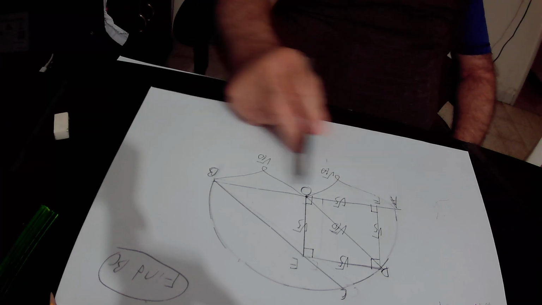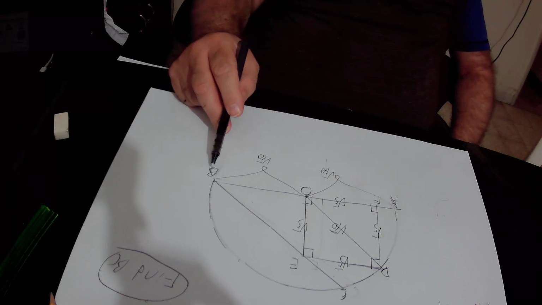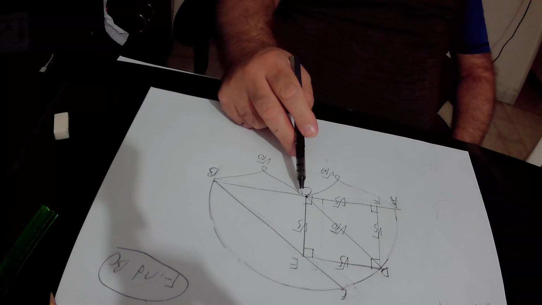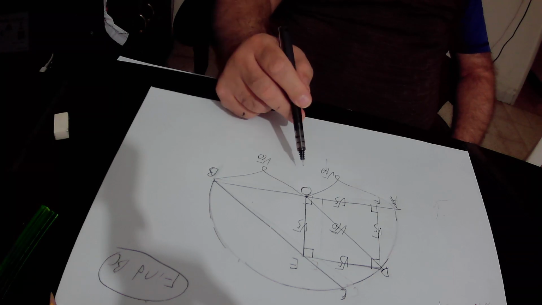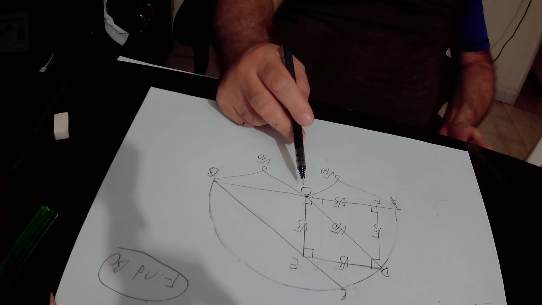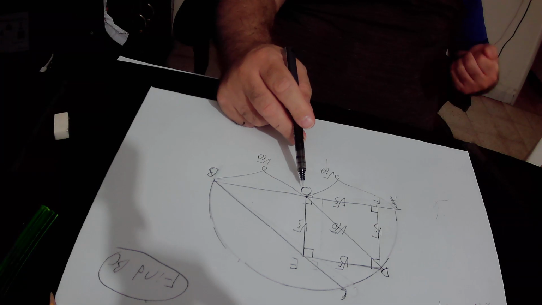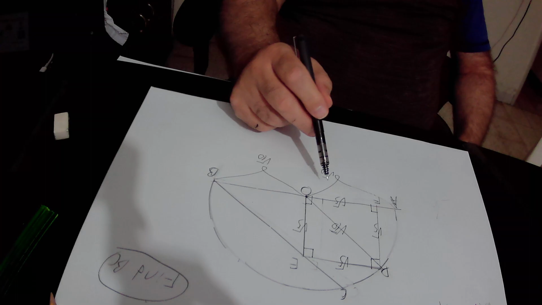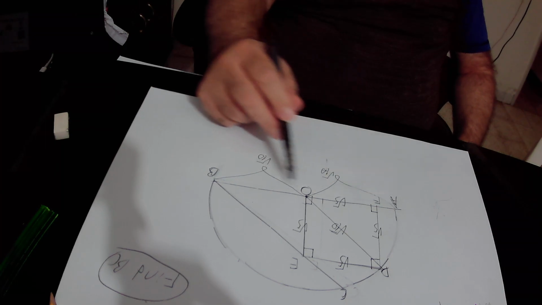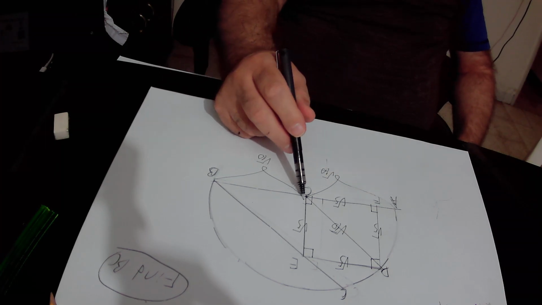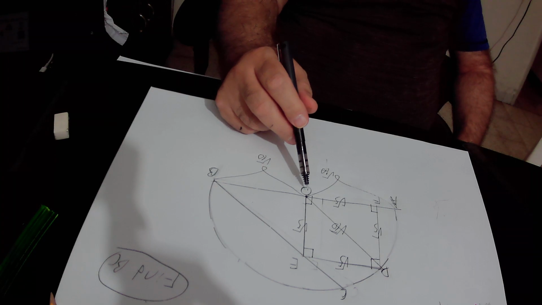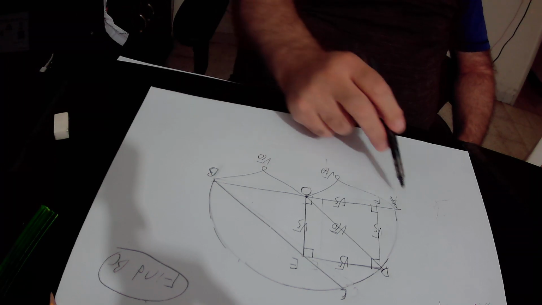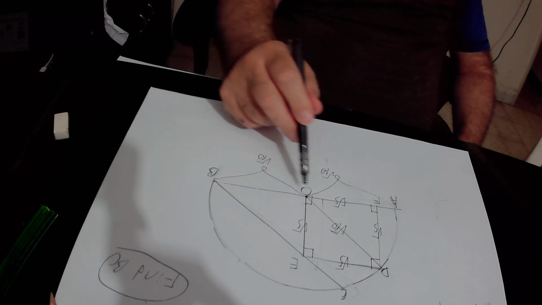So if we focus on the upper side of the straight line AB at point O, according to the rule that I mentioned, the sum of the angles on one side of a straight line is equal to 180 degrees. The sum of the angles on the upper side of the straight line AB at point O must be equal to 180 degrees. So which angles do we have at the upper side of AB at point O?